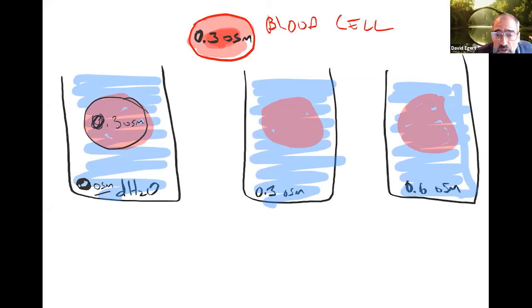So whenever you have a solution that has a lower osmolarity than a cell, you say it's a hypoosmotic solution. Hypo meaning below. A hypodermic needle goes below your skin.